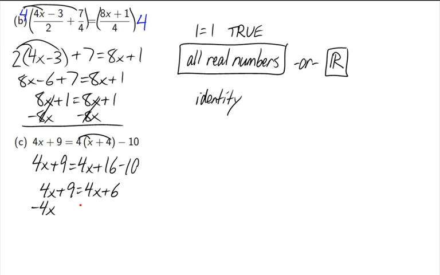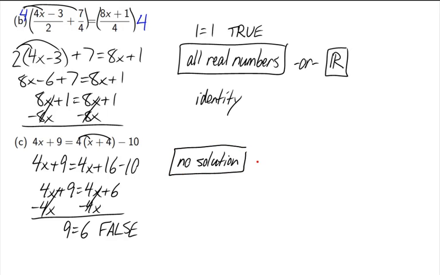I will subtract the 4x out, and I get 9 equals 6. That is obviously a false statement. So whenever I arrive at an obviously false statement, I don't have a solution. There's no value of x that's going to make this true, so I actually say no solution. And I can also use the empty set to represent no solution.